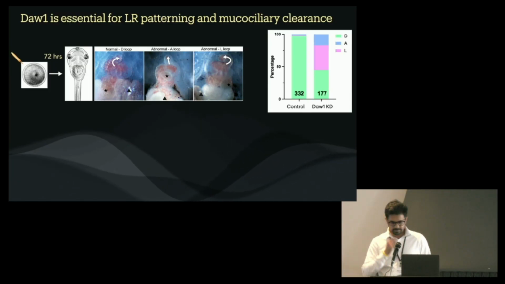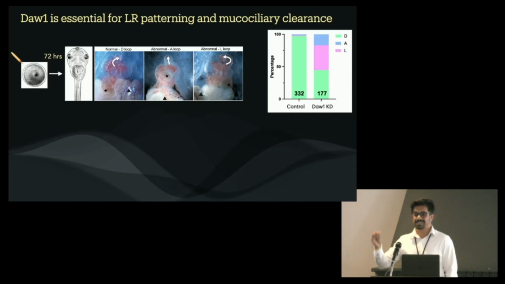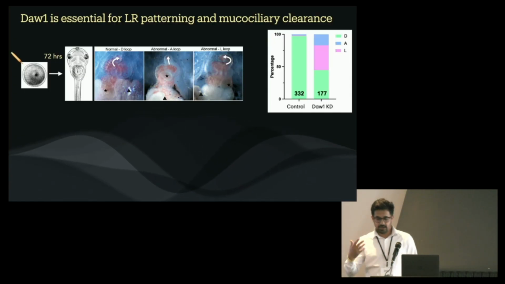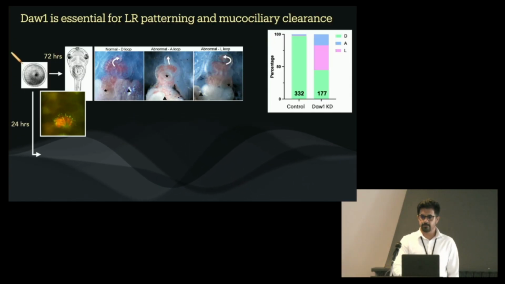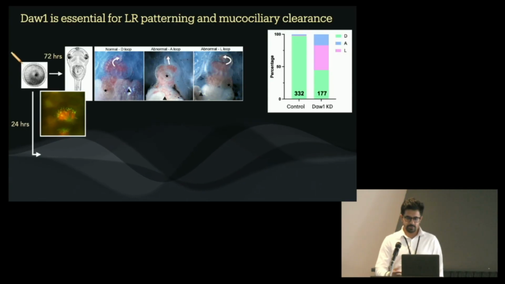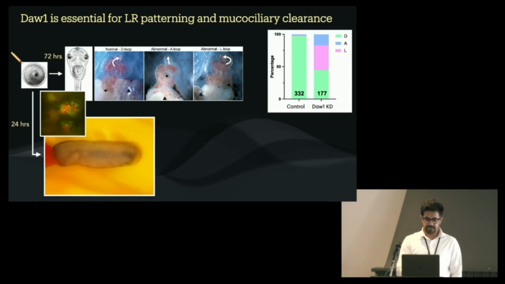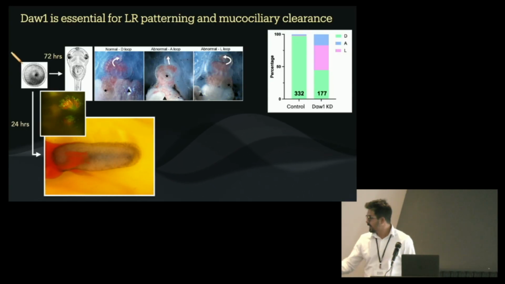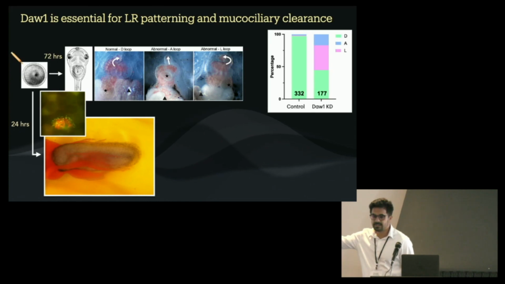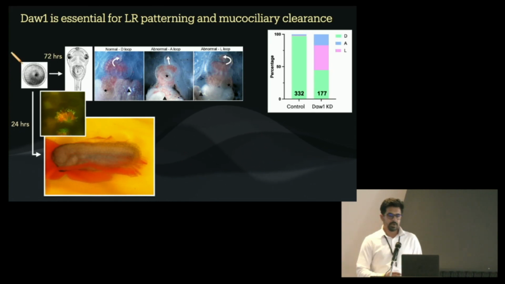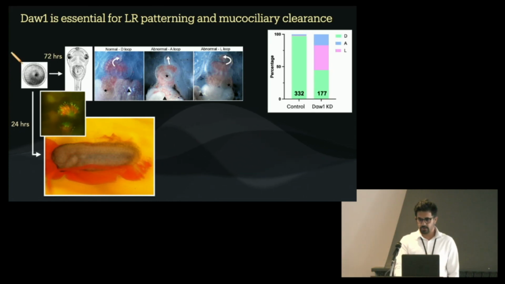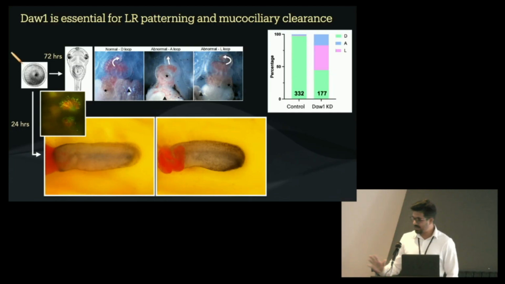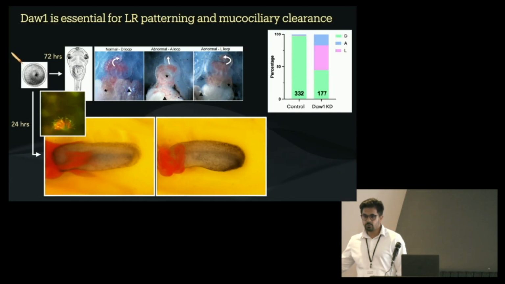We can also use the same exact embryo and look at the flow, or mucociliary flow, in these embryos. When we put the red beads in front of the control embryos, you can see the beads flowing nicely in front of the embryo. But when we remove or deplete DAW1 from the frogs, the beads stay in the same place and do not flow at all.